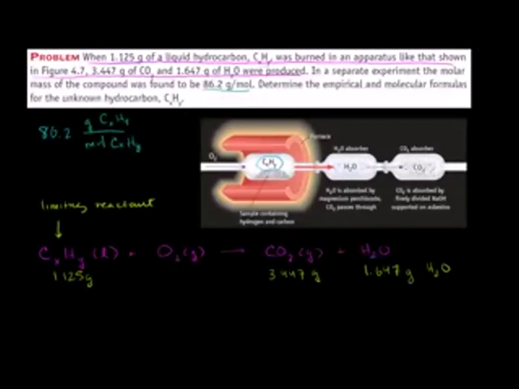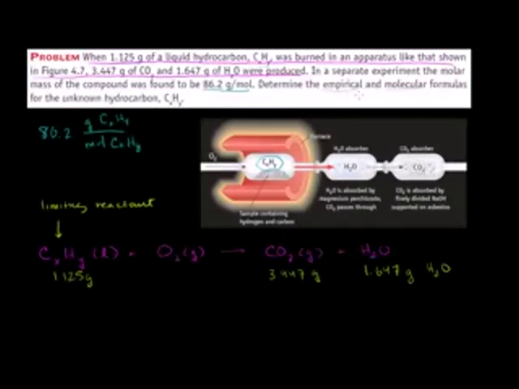And then they're asking us to determine the empirical and molecular formulas for the unknown hydrocarbon CxHy. Just as a refresher, empirical means just the simplest whole number ratio of the atoms in our molecule. So the simplest ratio of our carbons to hydrogens, or hydrogens to carbons, will give us the empirical formula.